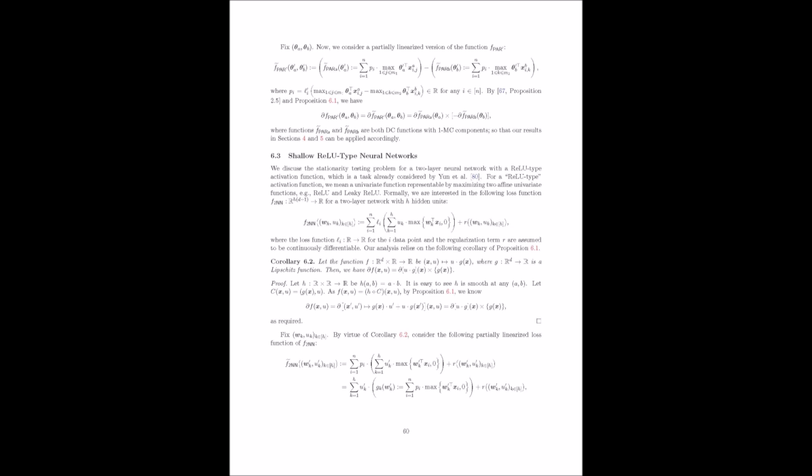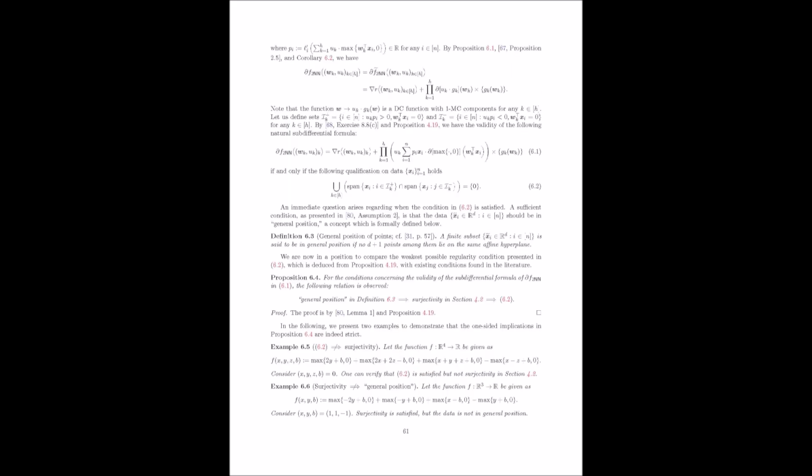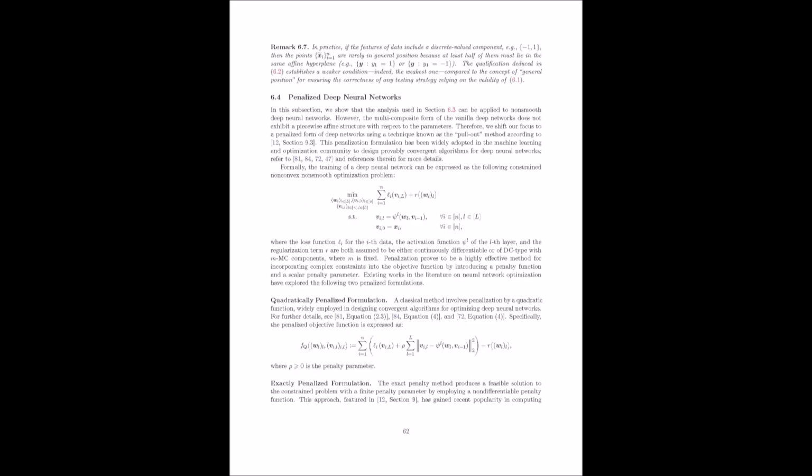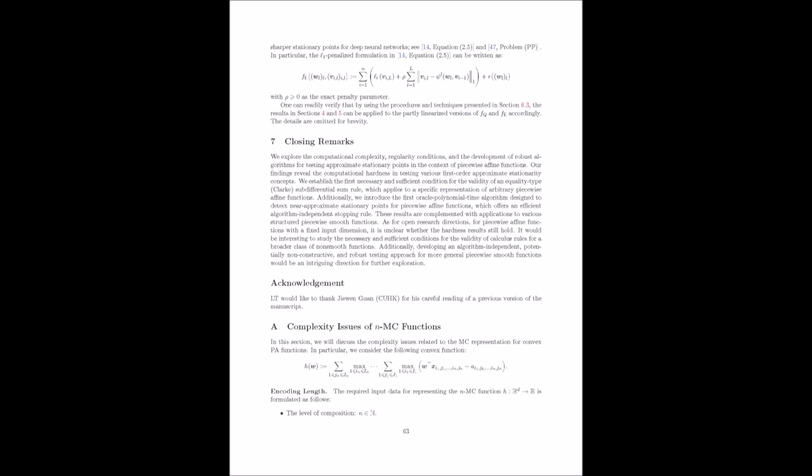For PA functions. And what about DC criticality? You mentioned it was even weaker than Clarke stationarity. DC criticality applies specifically to functions that can be represented as the difference of two convex functions. Hence the DC. Essentially, it checks whether or not the subdifferentials of these two convex components share at least one slope in common.